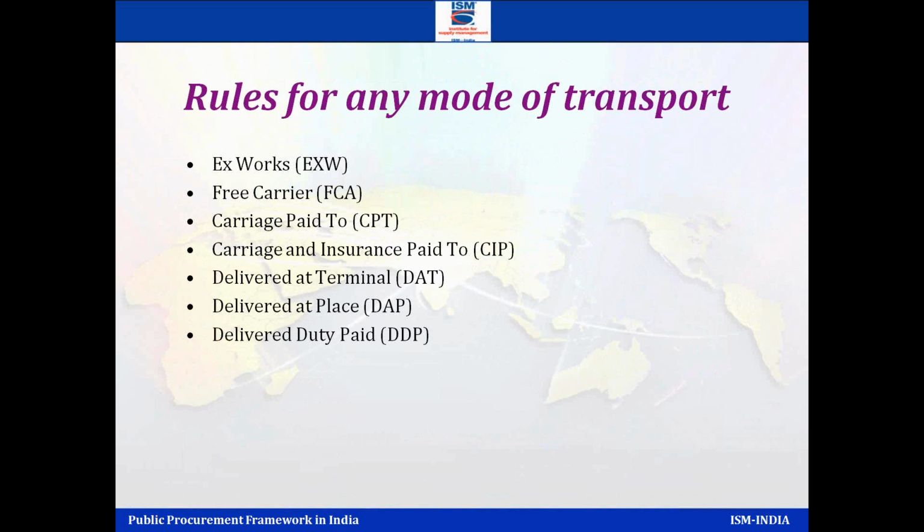Then free carrier, carriage paid to, carriage and insurance paid to. With carriage and insurance paid to, CIP, the supplier is taking care of insurance on your behalf, but the monkey lies on your head, so you have to worry about that part. Delivered at terminal, delivered at place, and the last is DDP.